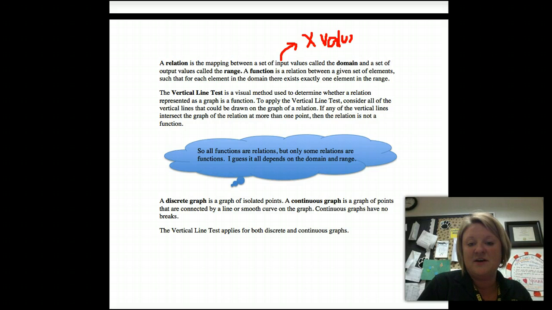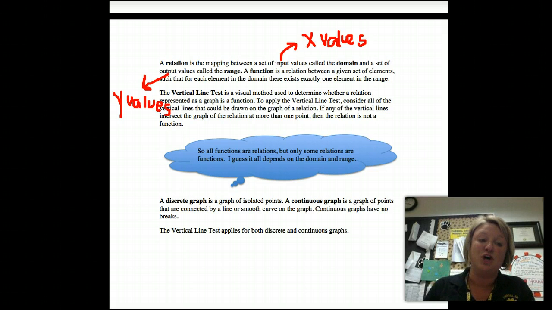These are your X values, and the output values, or the range, is talking about the Y values. So next week we're going to talk a lot about what the domain and range cover, like where the X values go and where the Y values go on a graph.